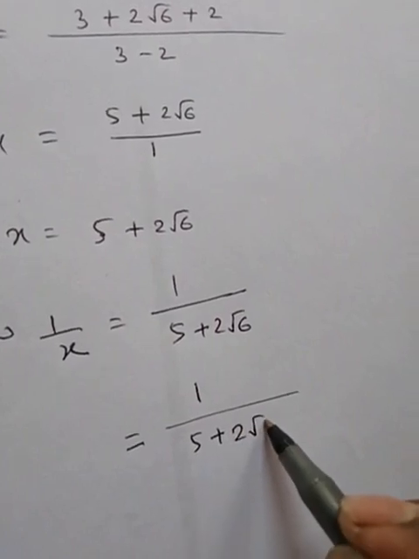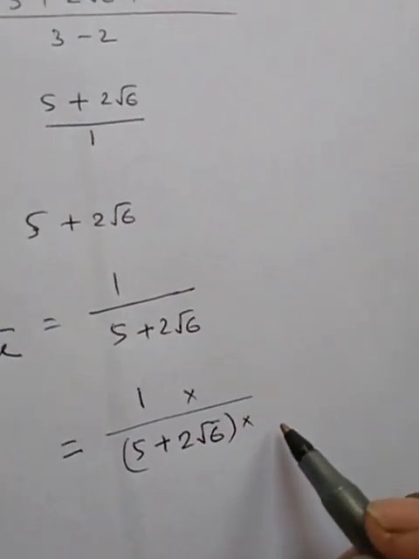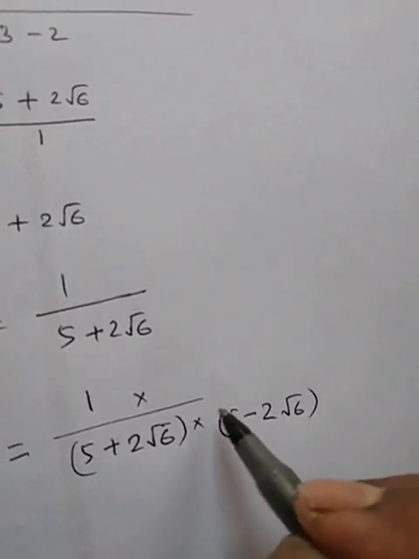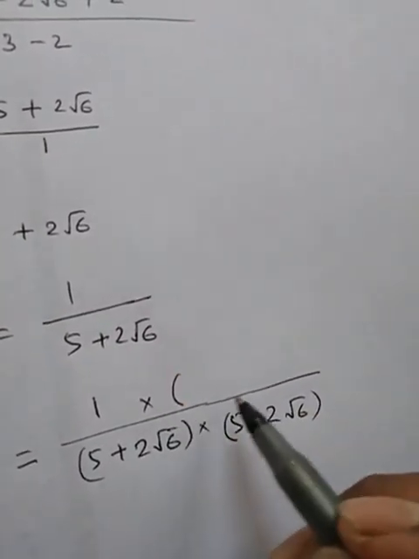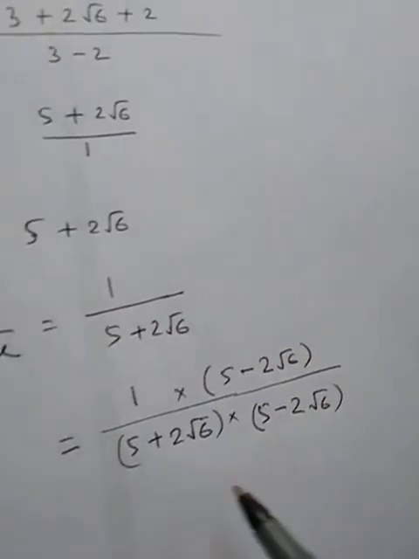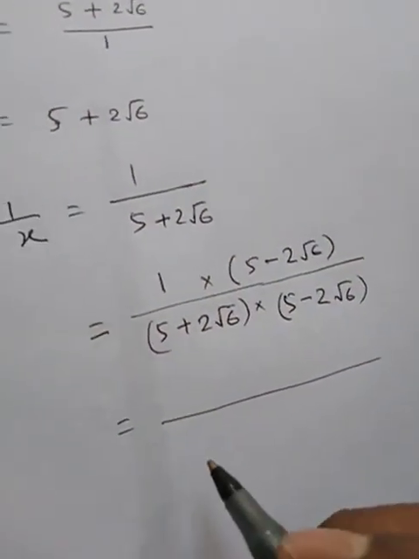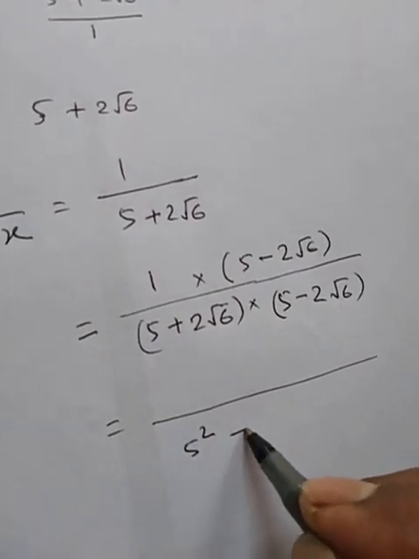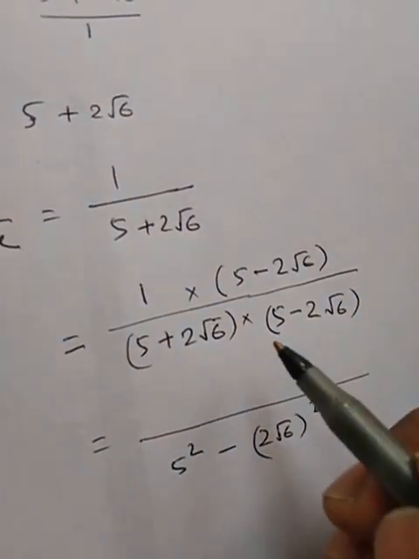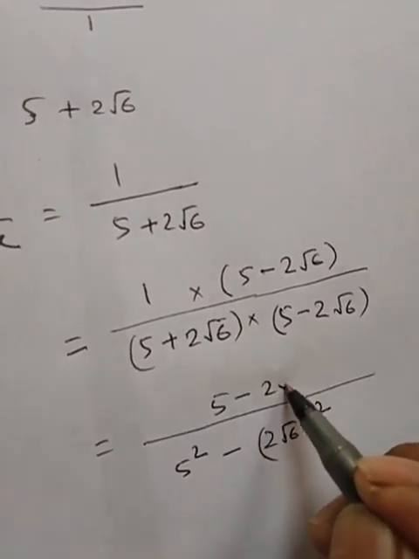So for this, multiply 5 plus 2 root 6 with 5 minus 2 root 6. At the same time the numerator also, 5 minus 2 root 6. So here it becomes a plus b into a minus b. So a square, that is 5 square, minus b square, 2 root 6 whole square. Then the numerator would be the same, 5 minus 2 root 6.